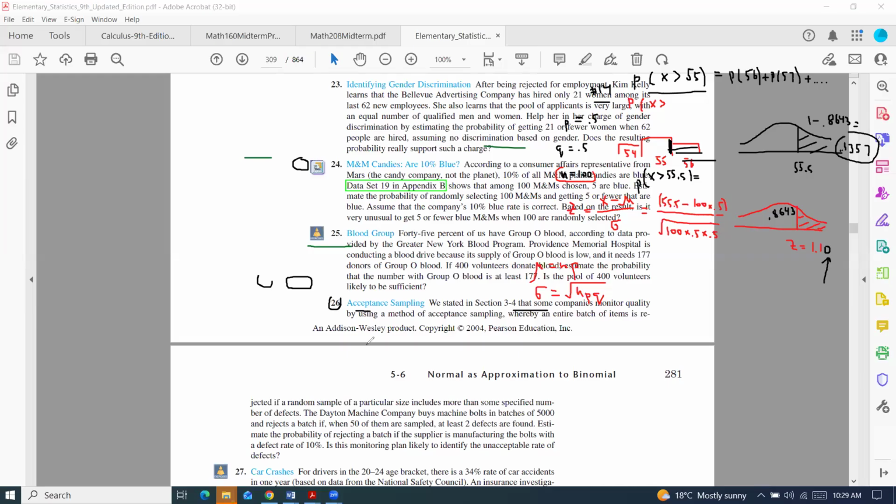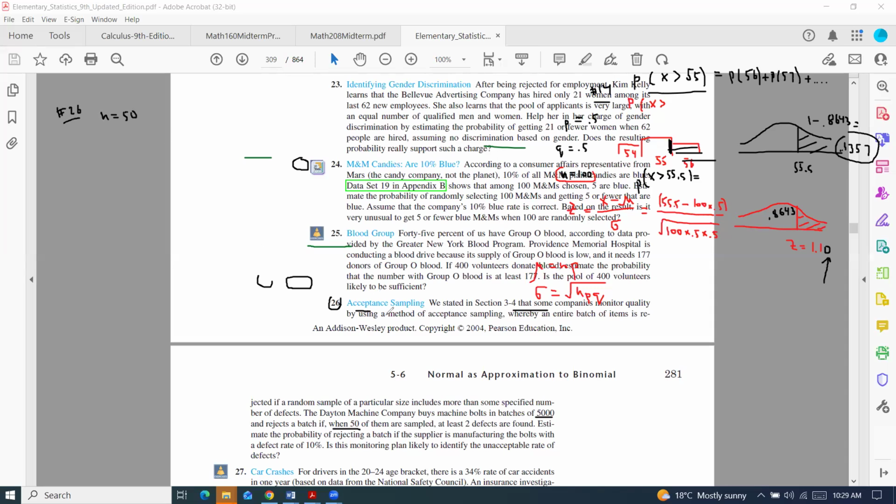They say the company buys bolts in batches of 5,000 and rejects the batch based on a sample of 50 of them. So in exercise 26, they don't test all of them, they just test 50 bolts that they purchased and see if they find lots of defectives or not.